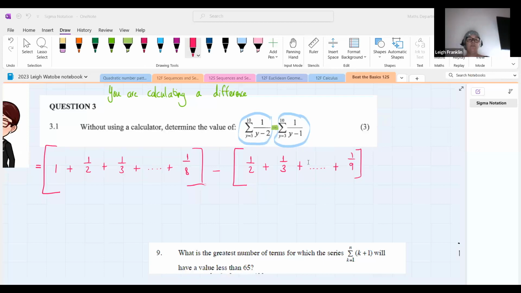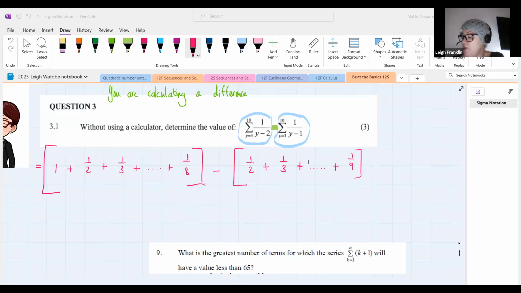Okay, so I haven't written every term. We don't have to write absolutely every single term in both SNs. What happens when you subtract brackets with lots of terms inside? What's going to happen to these values in the second bracket?